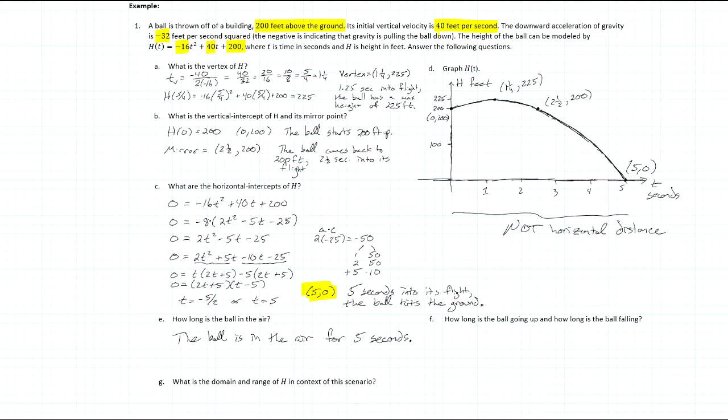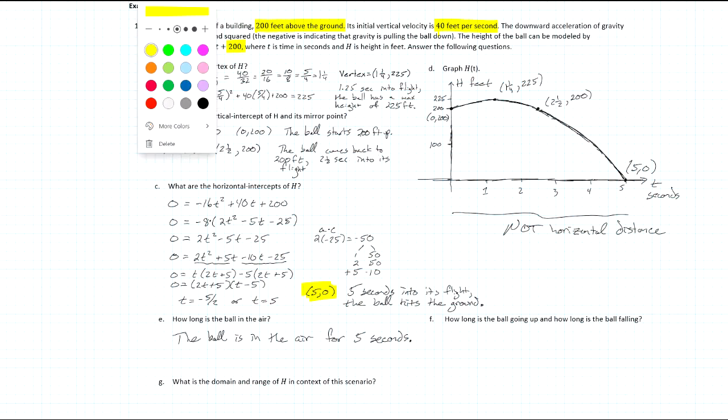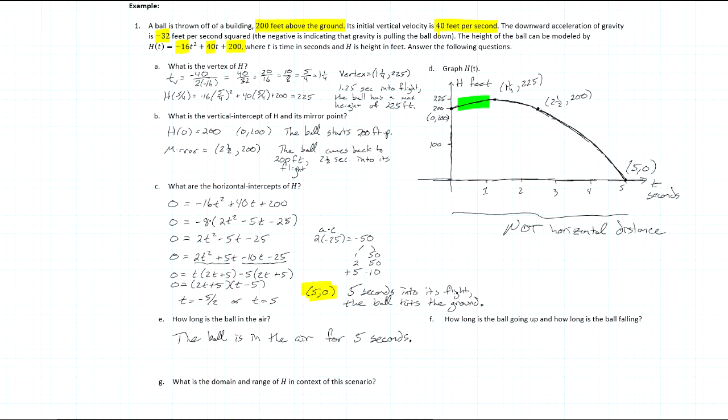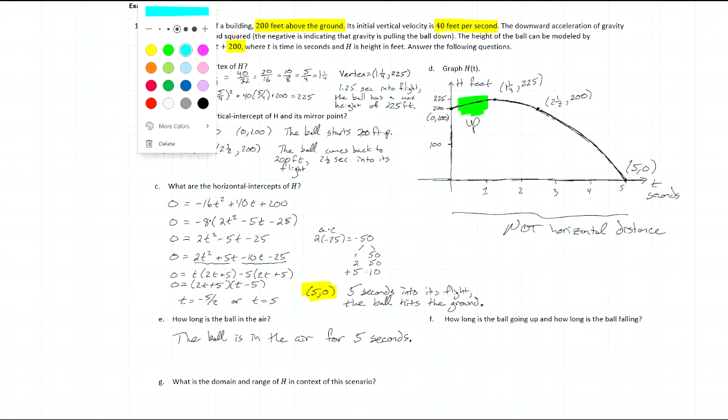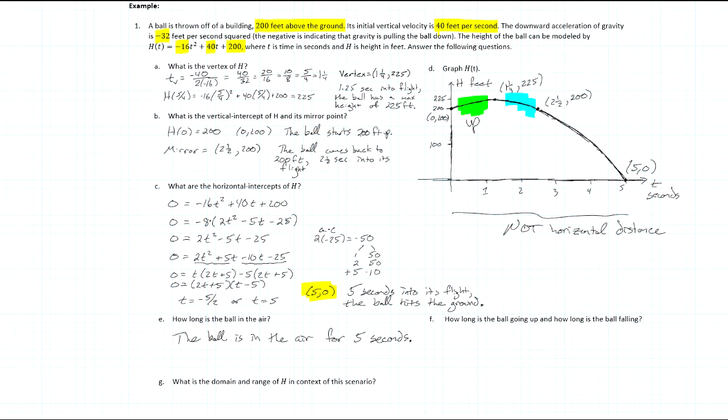So it's going up for just that first section until it hits the vertex. So it's going up here, and then it goes down for the rest of the flight path. So down over here. And the question is how long? How much time is it going up and how much time is it going down?